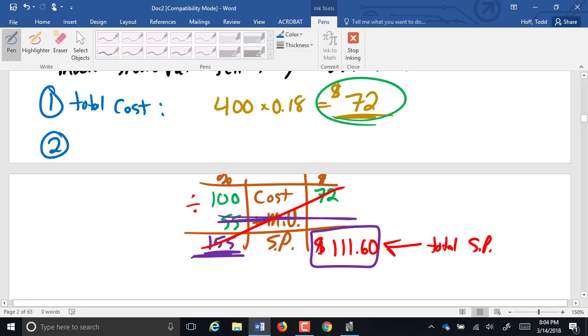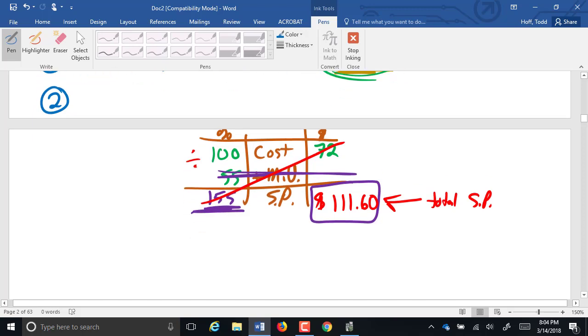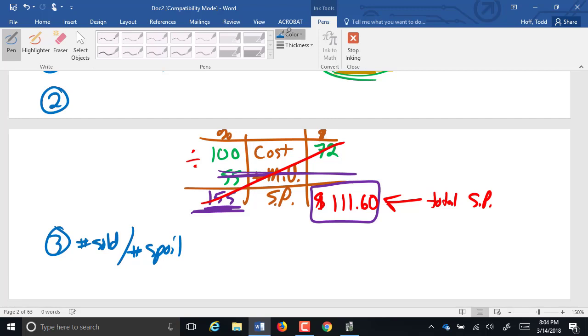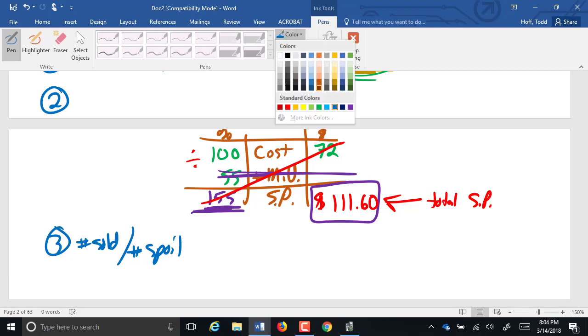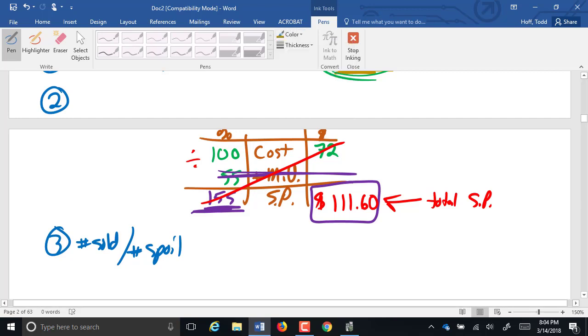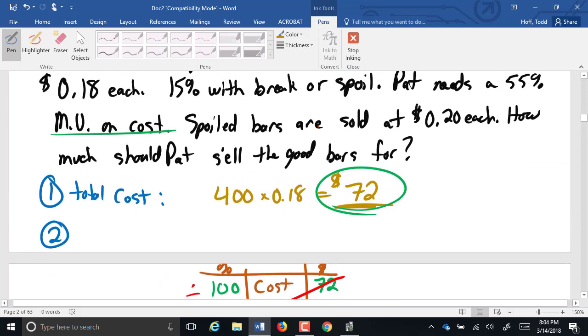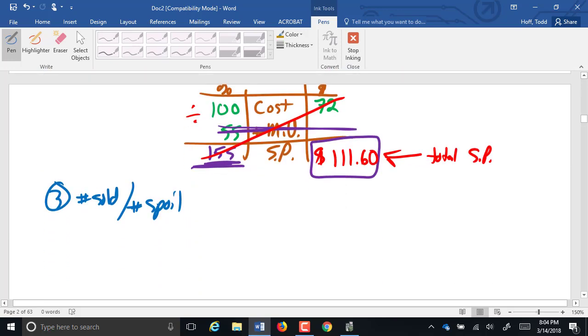Step three is mostly the same. Step three is still find the number sold and number spoiled. How many were produced? 400. Spoilage percent was 15.